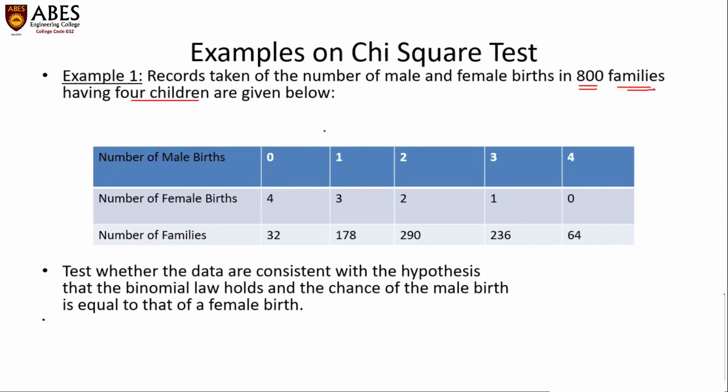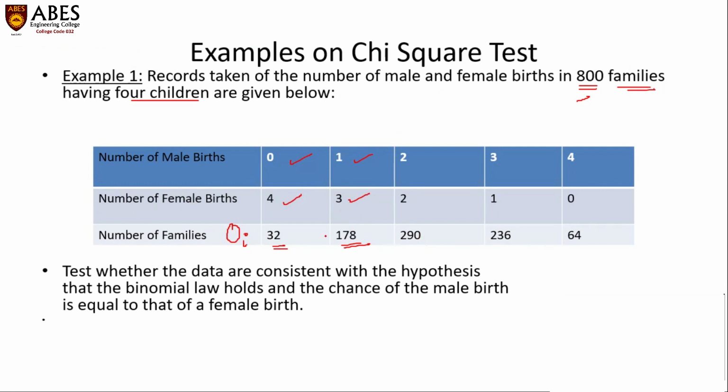When the data was selected randomly, it was observed that out of 800, 32 families had 0 male children and 4 female children. 178 families were found to have 1 male child and 3 female children, and so on.